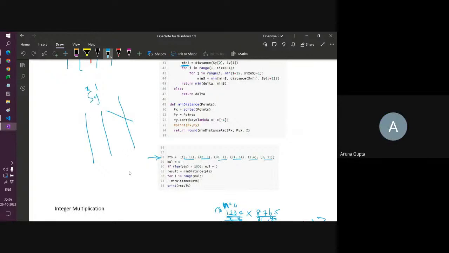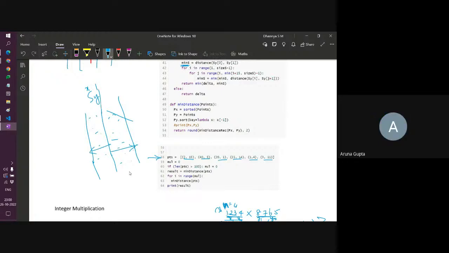It won't be possible because we are dividing before taking this Sy into consideration. We are recursively calling, and then dividing into the left and right portion. So this delta is only to this effect, to the x-axis.